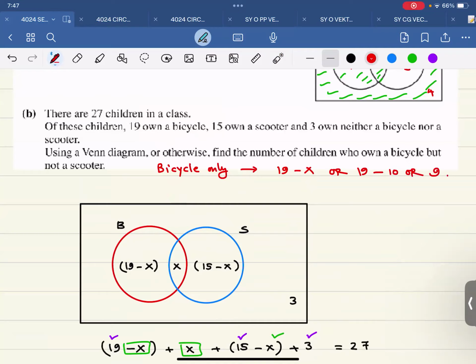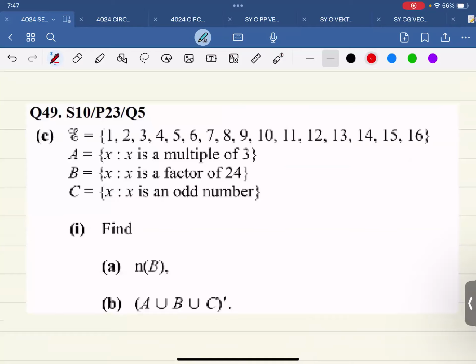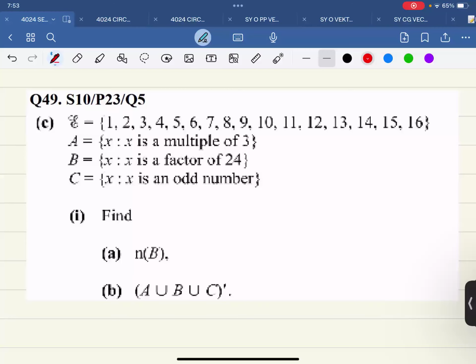Now, a question like this. Why don't you try it out? Now, the question says, the universal set is 1 all the way till 16. Integers between 1 and 16. A, what is A?